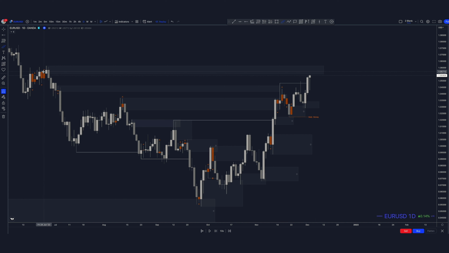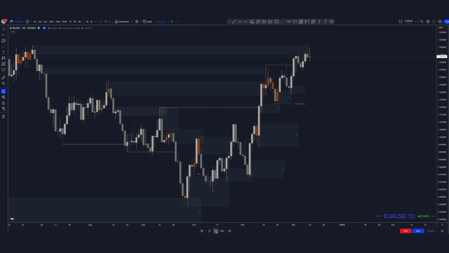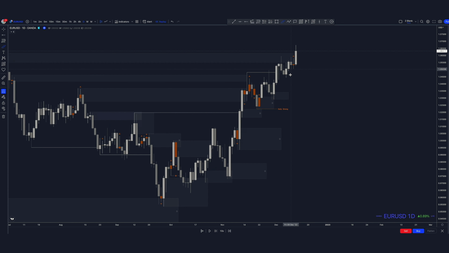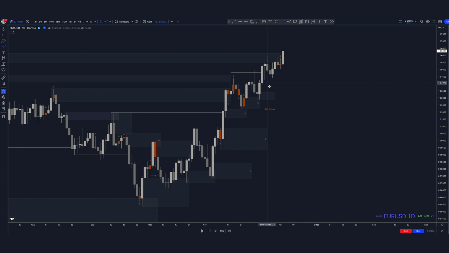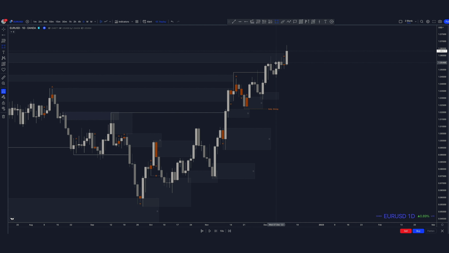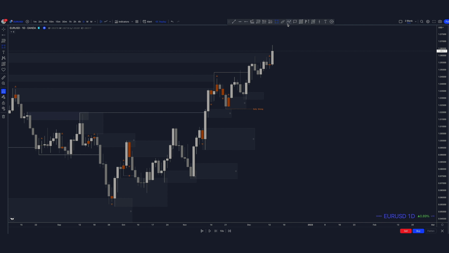Okay, so now we are getting to this daily supply there. Let's see what happened. Price broke again. Okay, same thing. Even though we had this push here, and this candle breaks above this, you see that there was a pullback that mitigated all this area.